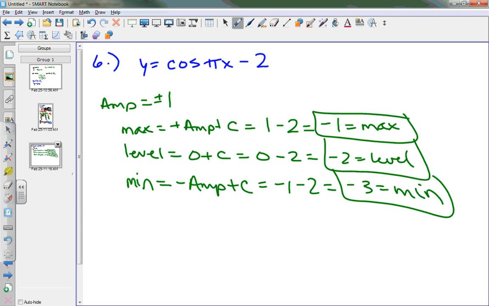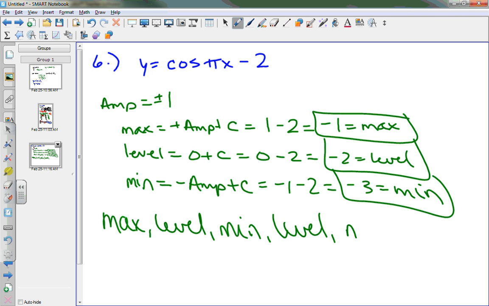Okay, before I go on, can anybody tell me what the pattern of cosine is? Sorry? What's the pattern of cosine? Yeah, it's going to be your max, level, min, level, max. Do we understand that? That's what the general pattern of cosine looks like.